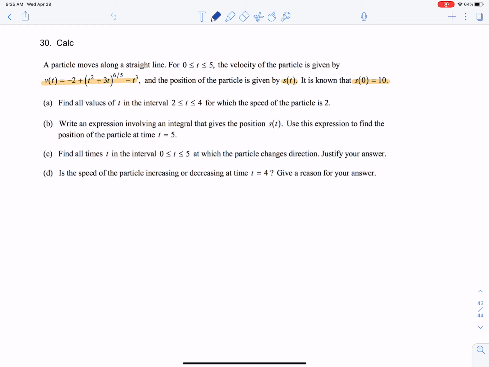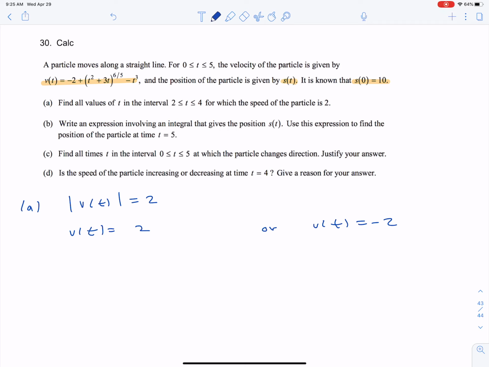So how do we express that here? The way we express that here is I want to know where does the speed equal 2? And the way I'm going to find that is I'm going to say when does the absolute value of the velocity equal 2? And that occurs when the velocity equals 2 or when the velocity equals negative 2.